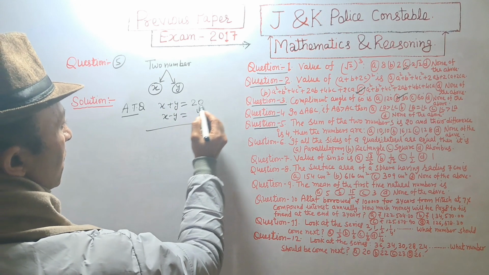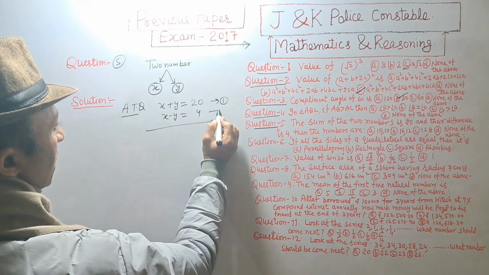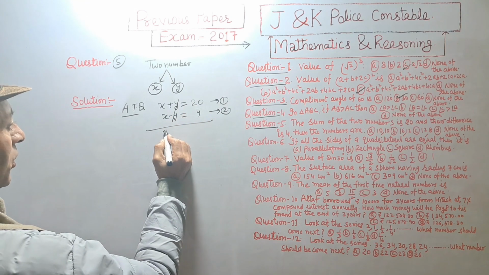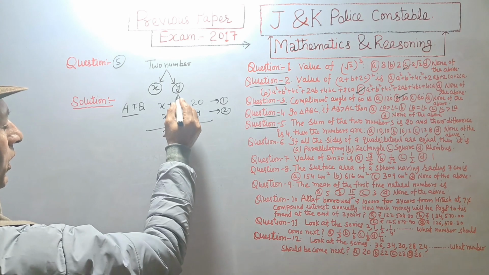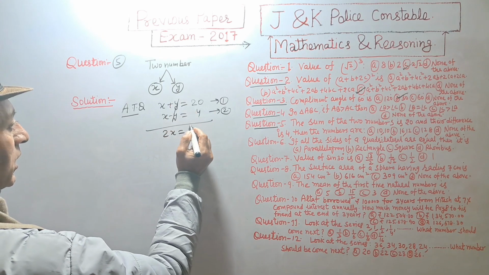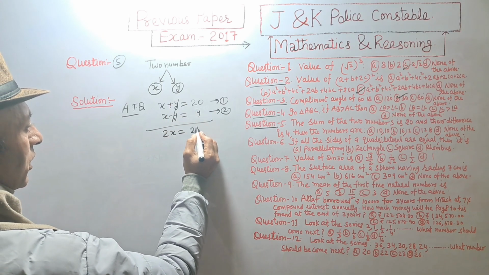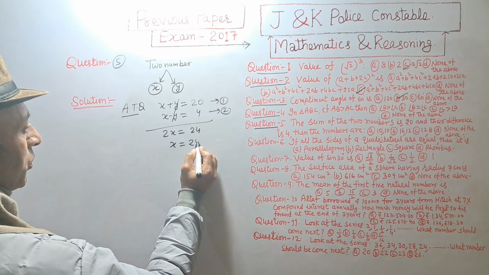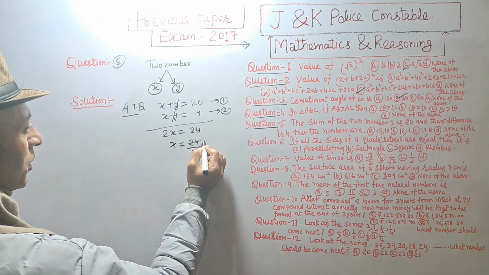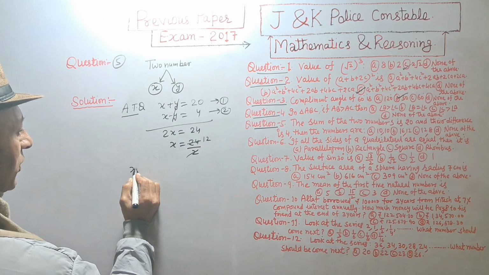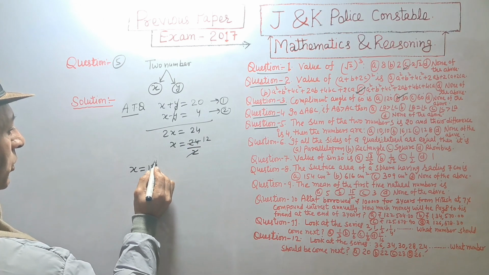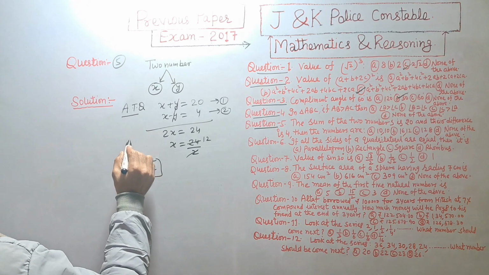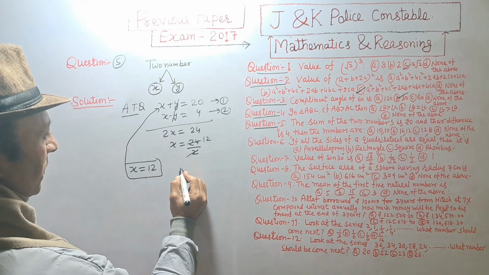Adding equation first and equation second, we get 2x is equal to 24, y is cancelled. X is equal to 24 upon 2, that is 12. We put x equal to 12 in equation number first.